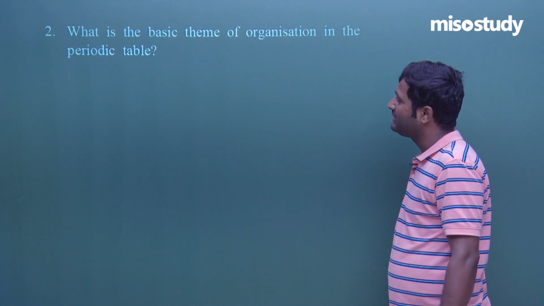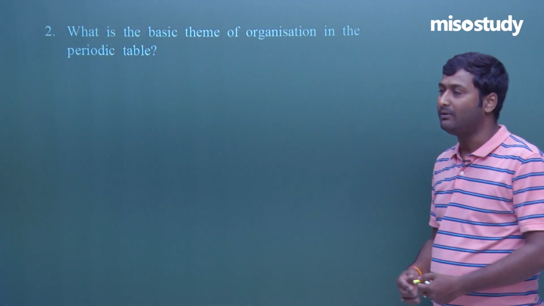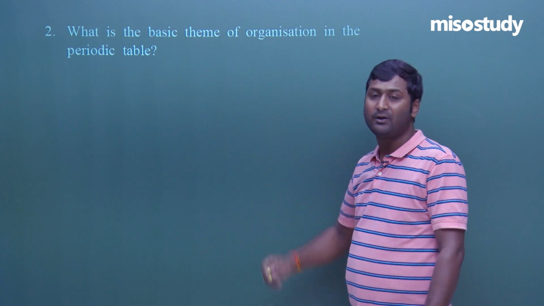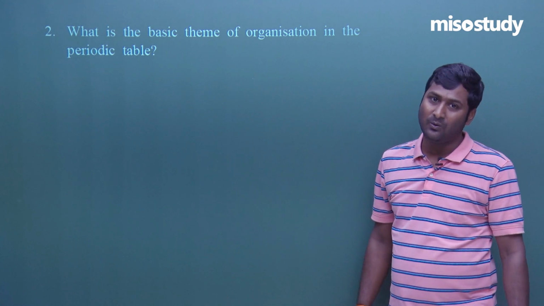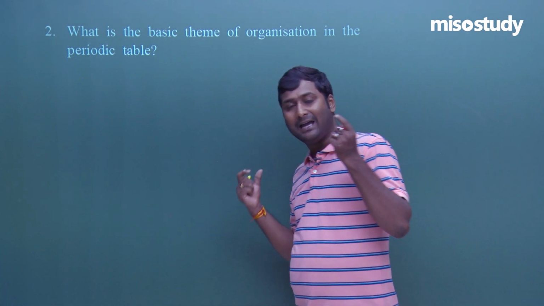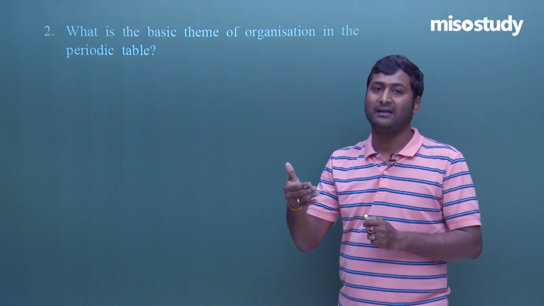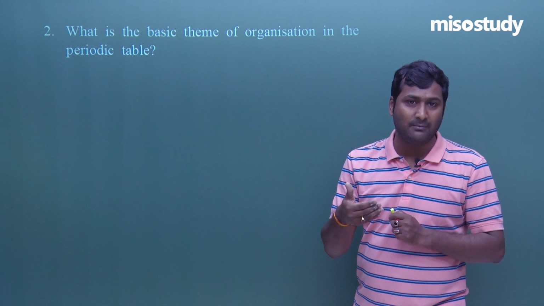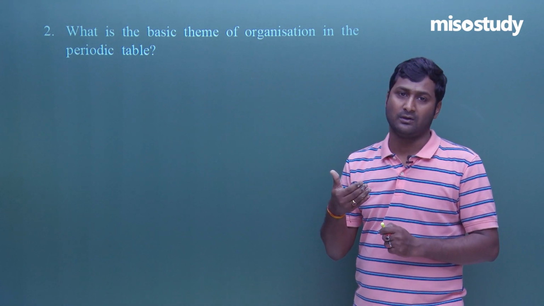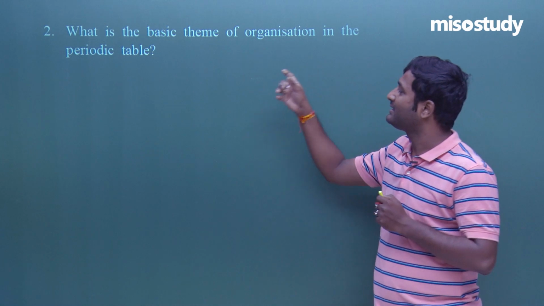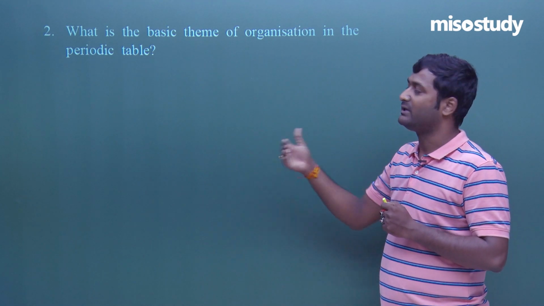The next question is, what is the basic theme of organization in the periodic table? As we know, we organize the elements having the same property. That is, for systematic study of the elements and their compounds, we need to organize the elements in the periodic table.